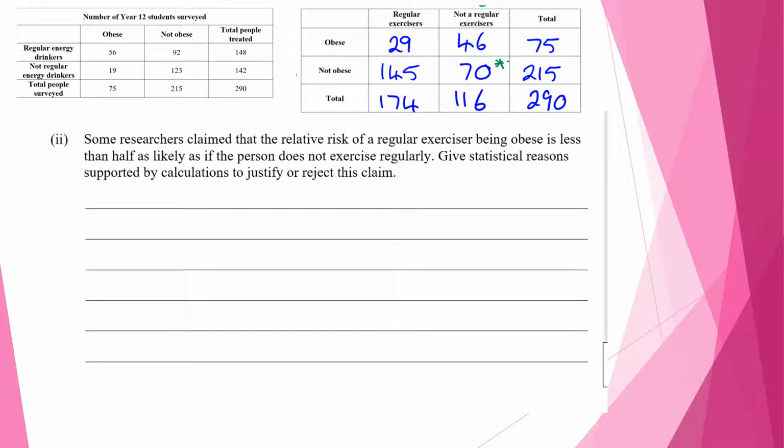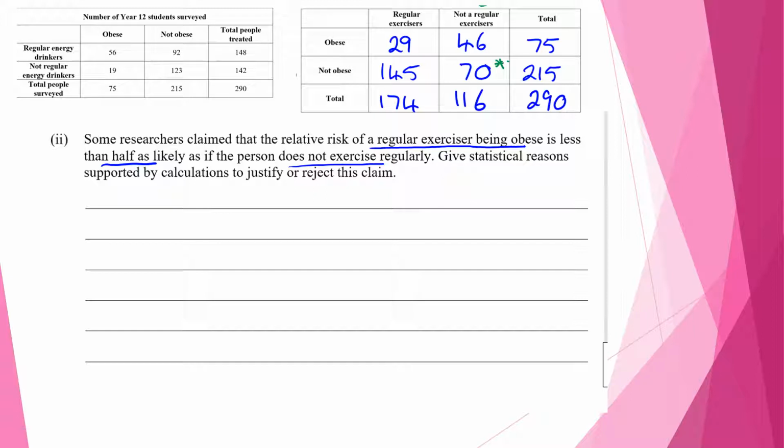In the second part of this Part B, we're told some researchers claim that the relative risk of a regular exerciser being obese is less than half as likely as the person who does not exercise regularly. So a regular exerciser being obese is less than half of the person who does not regularly exercise being obese. So we need to justify that as being correct or incorrect.